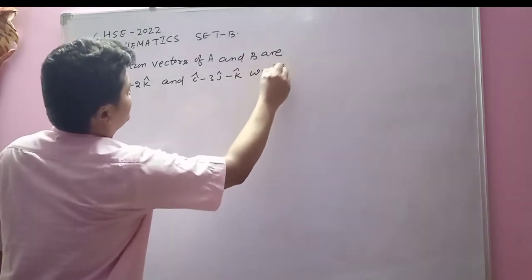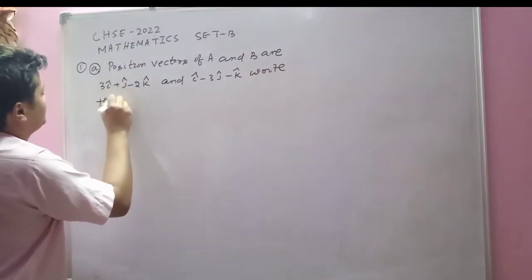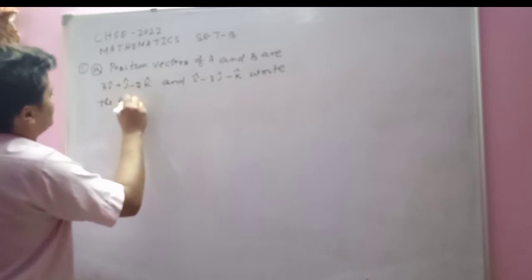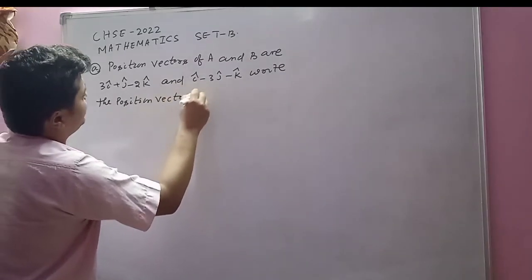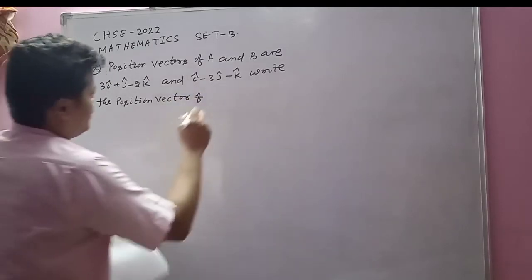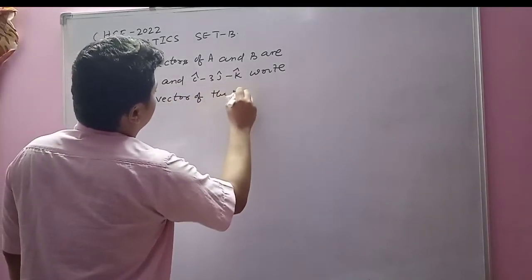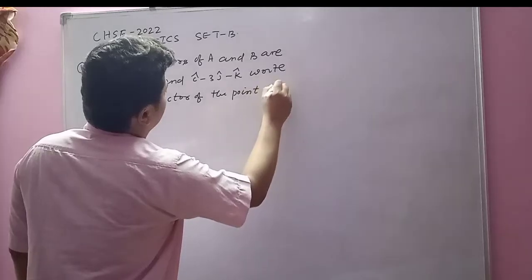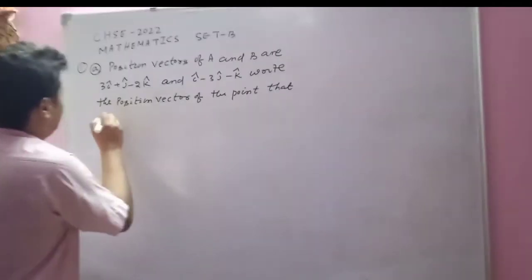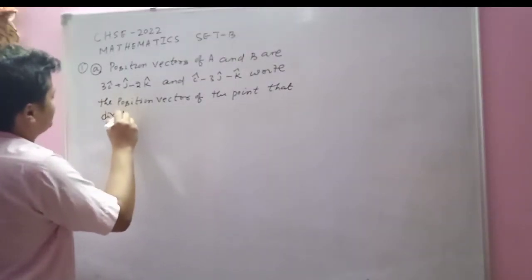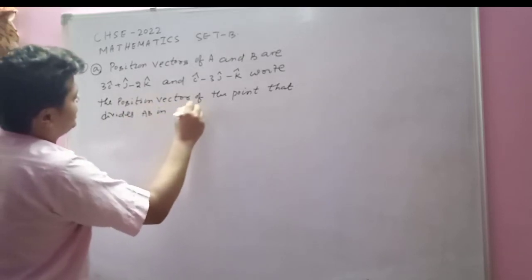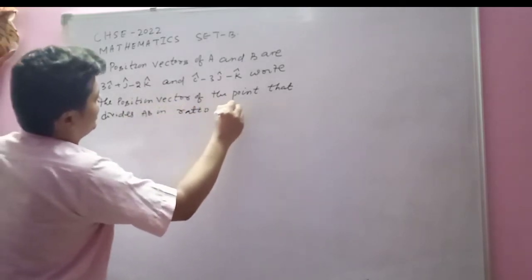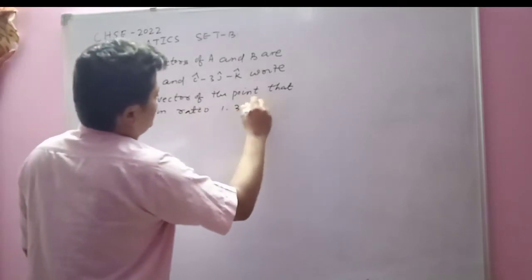Write the position vector of the point that divides AB in ratio 1:3 internal.